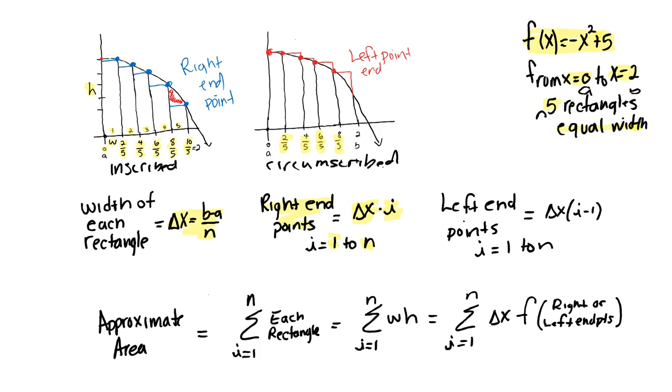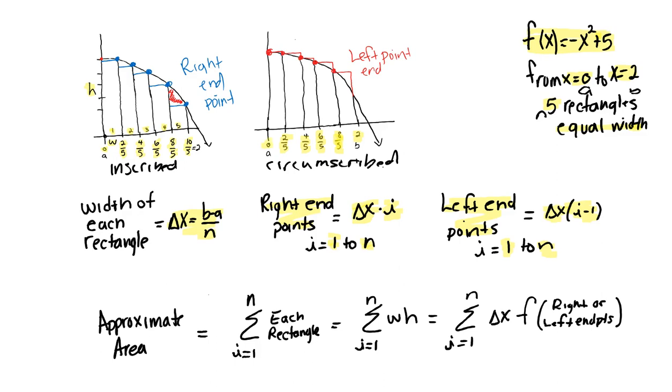Then we have a formula for the left endpoints, and that formula is just the right endpoint shifted over. So we have delta x times i minus 1, from i equals 1 to n. That also generates a sequence, but it's going to give you the left endpoints instead of the right endpoints.